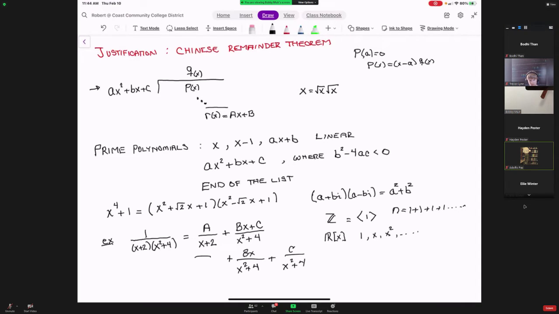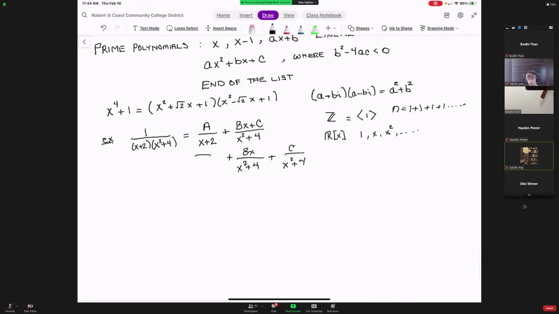Now, another part of this is when we have repeated factors.